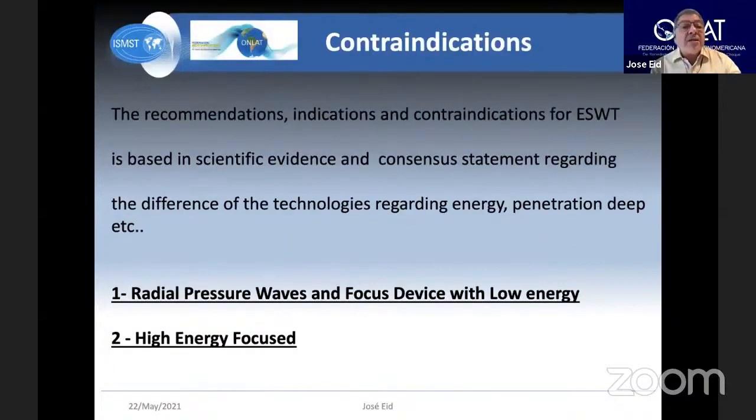So what do ONLAT and ISMST say about contraindications? The recommendations, indications, and contraindications are always based on scientific evidence and the consensus statement, because we know that we have different technologies, different penetration depths, etc. So we have two big groups of contraindication: the radial pressure waves and focused devices with low energy, and the second group is high energy focused.